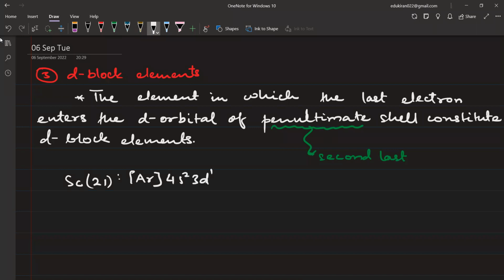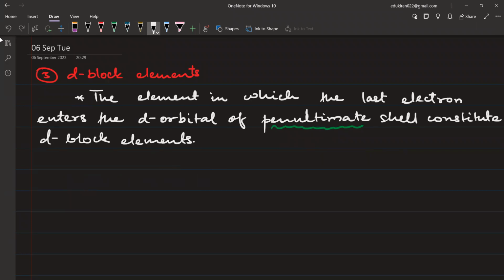Now here if you see this, the last electron is entering in the d orbital of the third shell, and the third shell is the second last. The last shell is the fourth shell. So the scientific word for that is penultimate. We don't write second last, it is not formal language. The formal language for this is penultimate shell. I hope you understand what are the D block elements. Yes, sir.